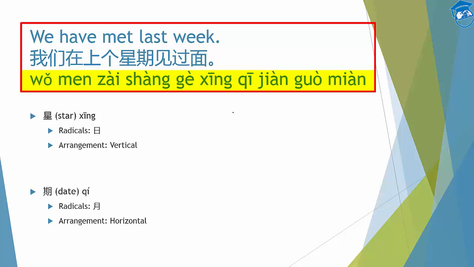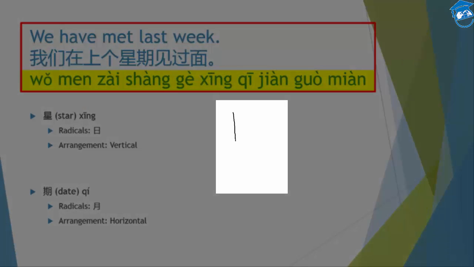So here's how to write 星. 一二三四五六七八九. This should be easy for you because previously you have learned how to write the top part 日 and the bottom part 生.